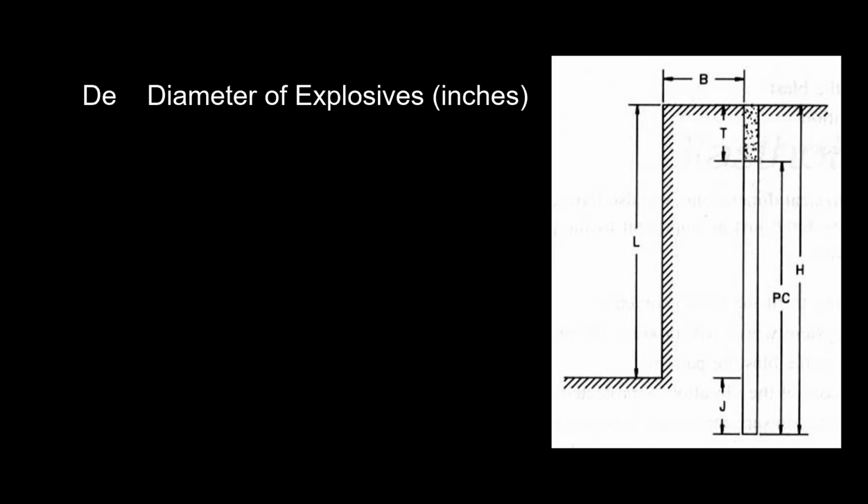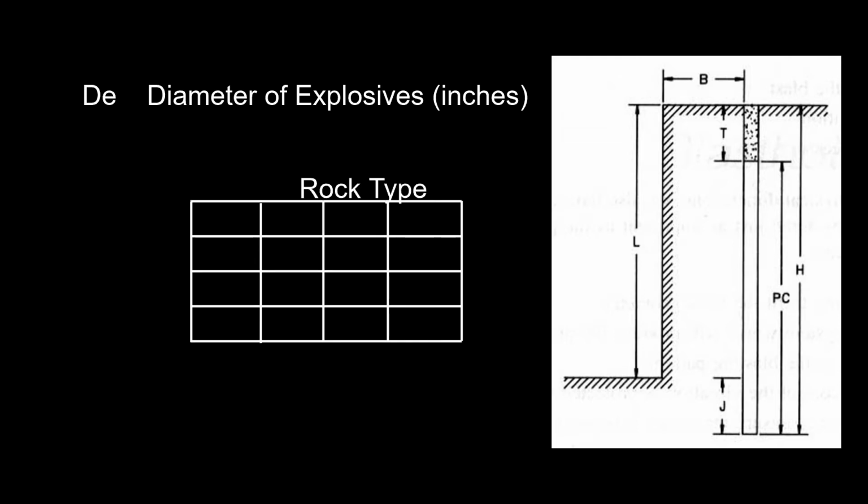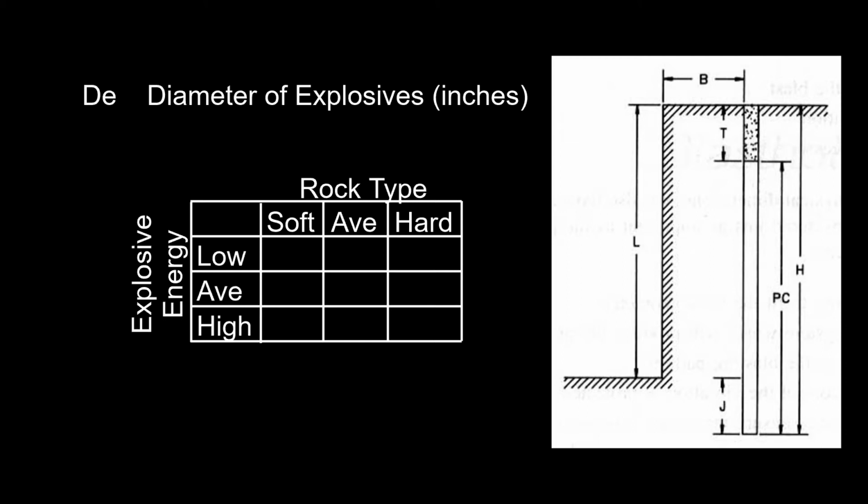The next variable you'll need to determine is rock type. Now this is not really a rock classification like a type of rock, but its hardness from soft to hard. And then the last thing you'll need to know is the explosive's energy, and that is from low energy to high energy.